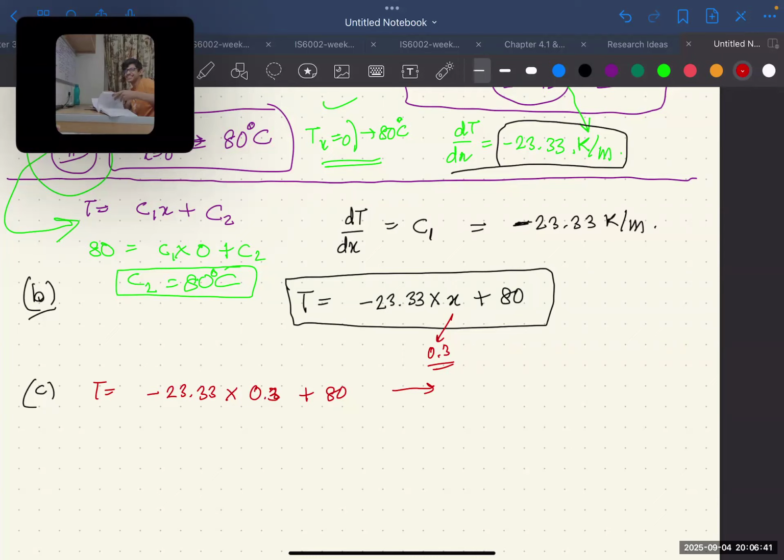Danish, you want to put in a value in the chat? Okay, 73.001. It's fine. Minus 23.33 times 0.3 plus 80 is 73.001 degrees Celsius.